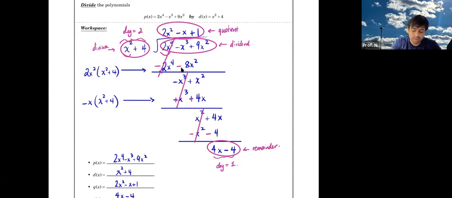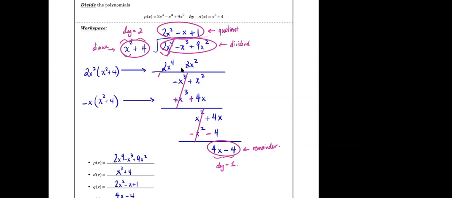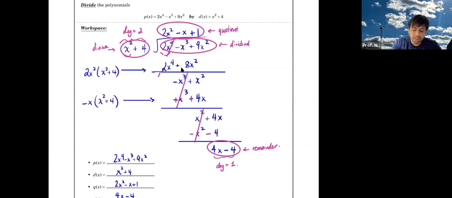You get, so let me undo this. What do you get? 2x to the 4th plus, I mean, minus 2x to the 4th minus 8x to the 2nd. So when you multiply 2x squared straight up to x squared plus 4, they're all positive, right?